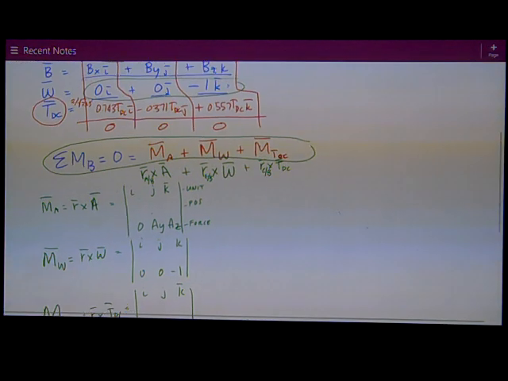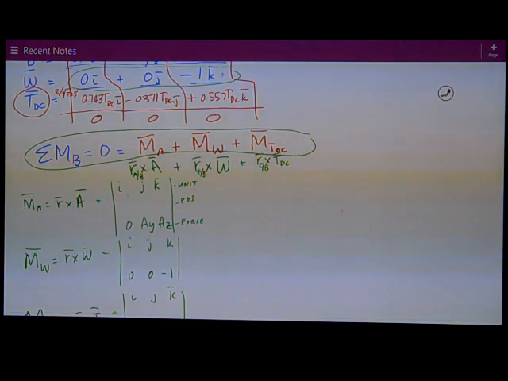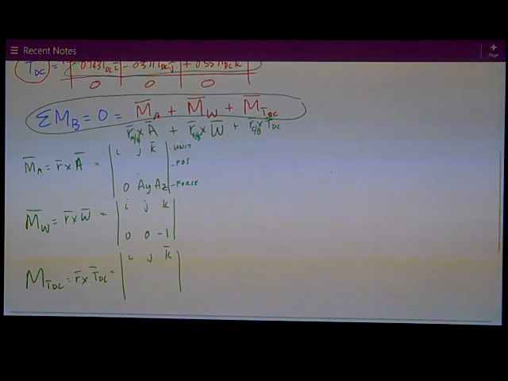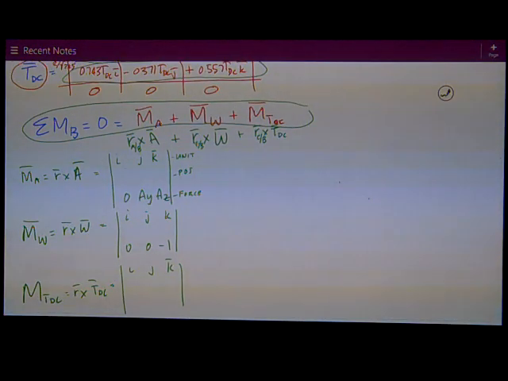And then for TDC, I just transfer these values, these decimals, down here to the bottom line of this one. And I've got 0.743, -0.371, and positive 0.557. Everything in that one is times TDC.